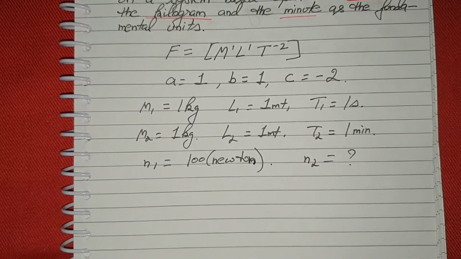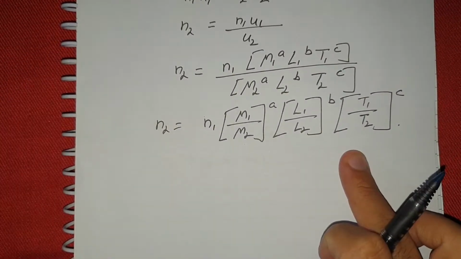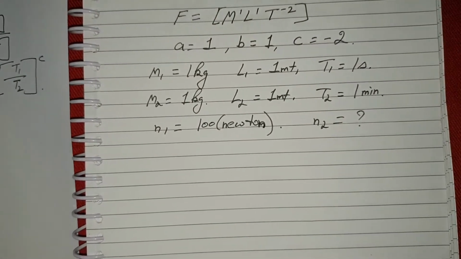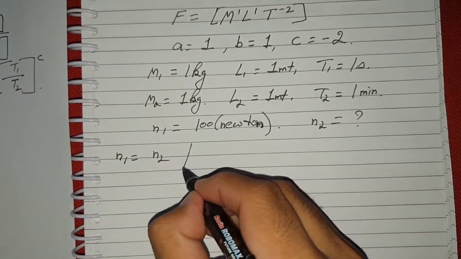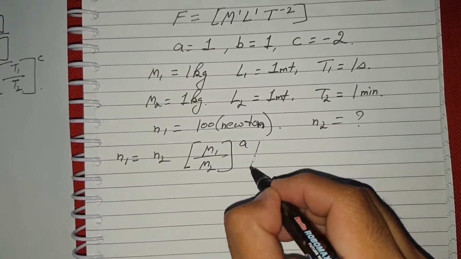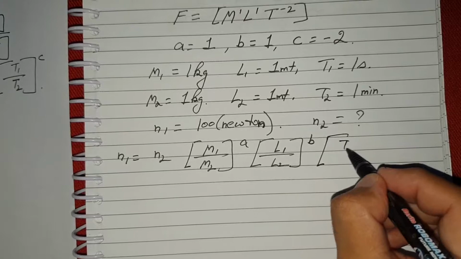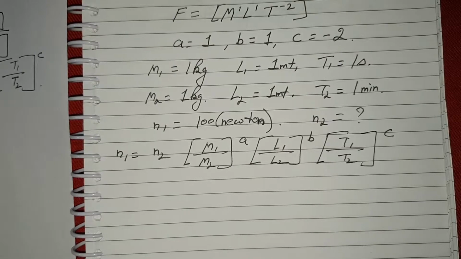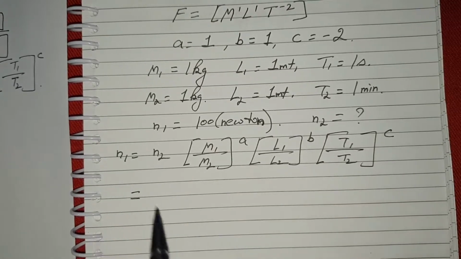Now again, let's rewrite this formula: N1 equals N2 times M1 by M2 to the power A, L1 by L2 to the power B, T1 by T2 to the power C. Sorry, this was wrong.